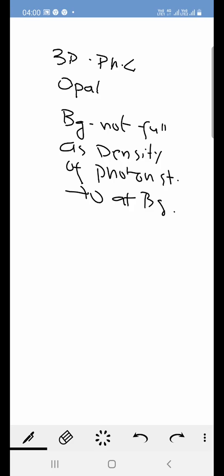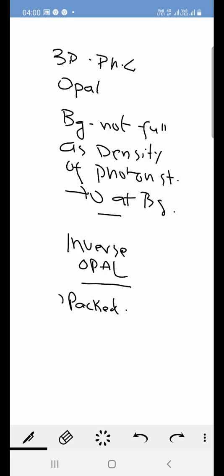One approach to form an inverse opal is if the packed spheres are hollow and n is equal to 1, with another material of higher refractive index surrounding them. It varies from 2 to 9 in fact.